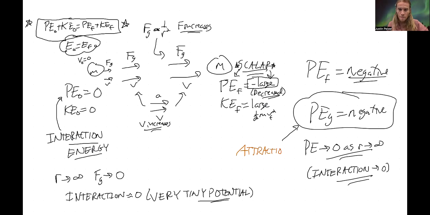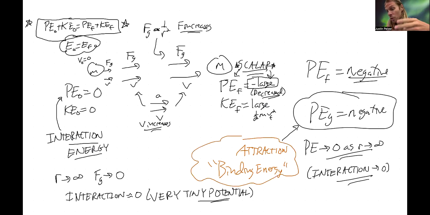And this is called a binding energy. This is one of the most important concepts in physics. That a negative potential energy, whether it's gravity, electricity, the strong force, a spring, any force in the universe, if it has a negative potential energy, it's an attraction.